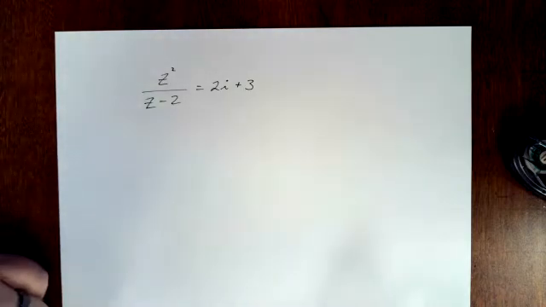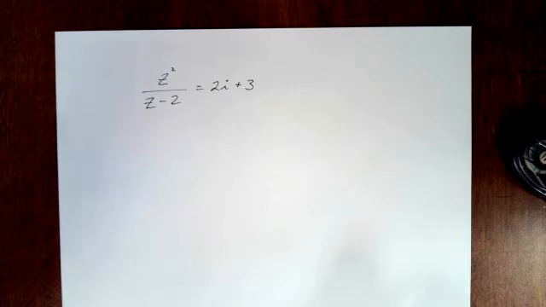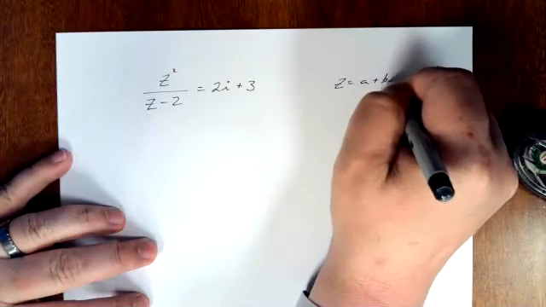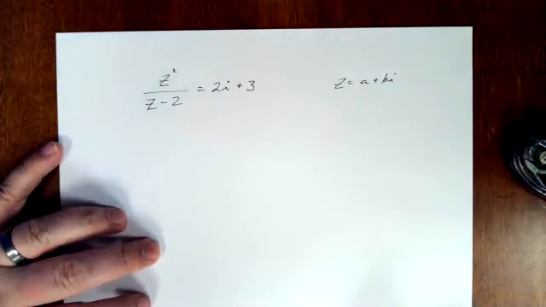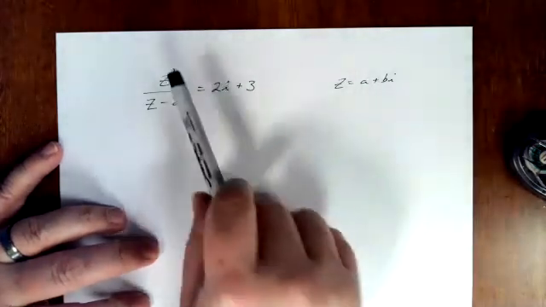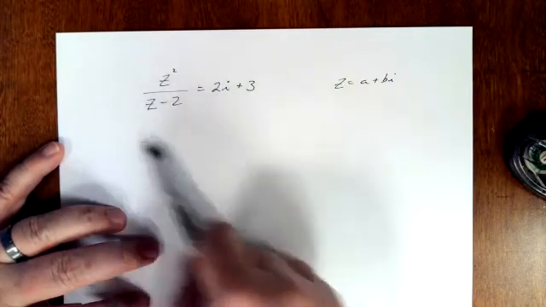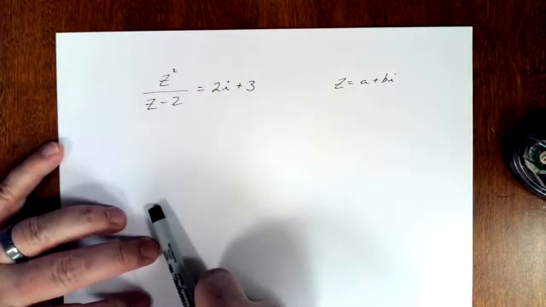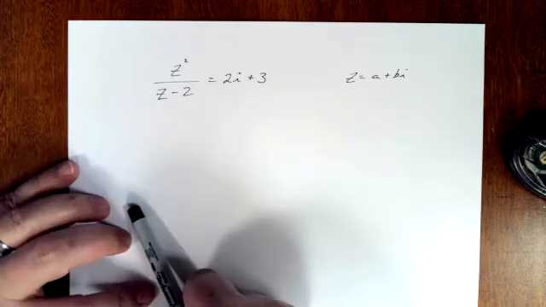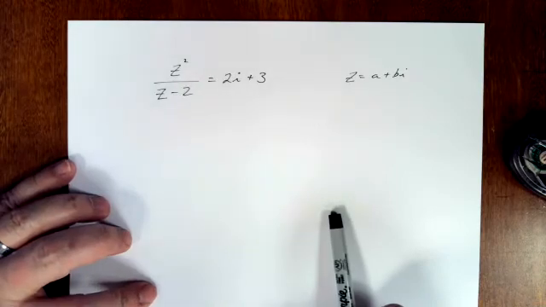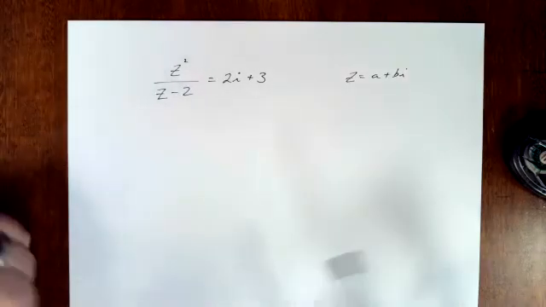Now, in a situation like this, I would definitely turn Z into this. Replace Z into your equation. Expand this whole thing out. And then you'll say that my real parts are equal to my real parts, my imaginary parts are equal to my imaginary parts. And you'll solve from there.